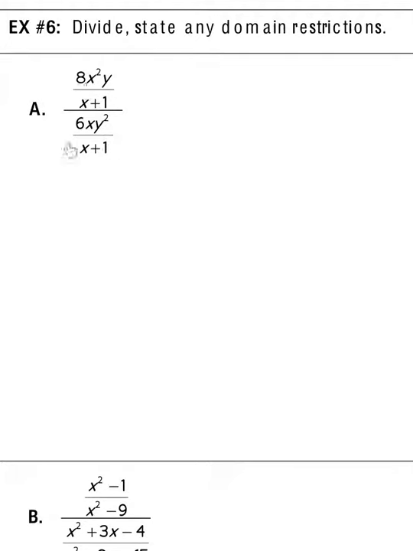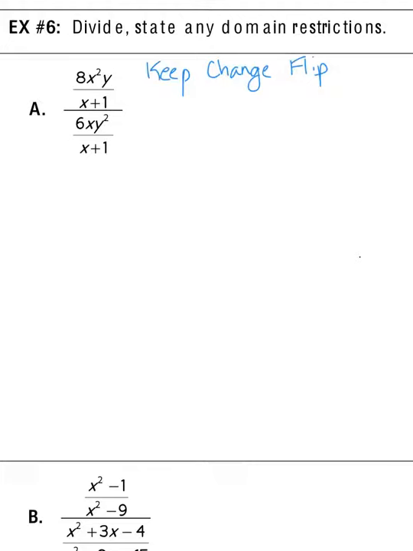You have a fraction inside of a fraction. So it's just this divided by this. It's still keep, change, flip. So we're going to keep this first fraction exactly as you see it.